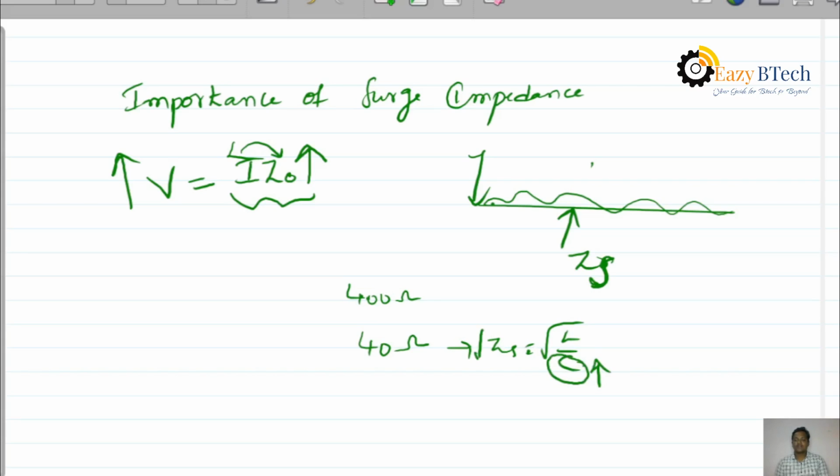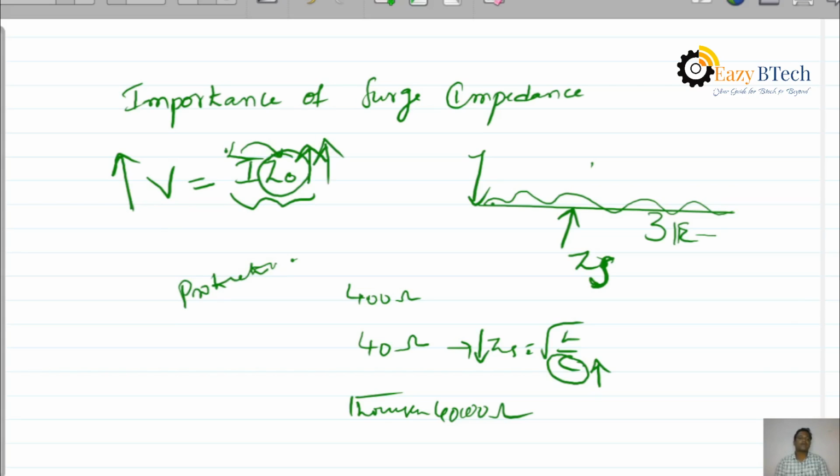That's why the ZS value is less. Next, in transformers, it may be in thousands, for example 4,000. Obviously, in the overhead transmission system we have transformers and other protecting devices. Therefore, if the Z0 value of the transformer is more, then the voltage build-up across the transformer is more, causing overvoltage. Therefore, it damages the operators.